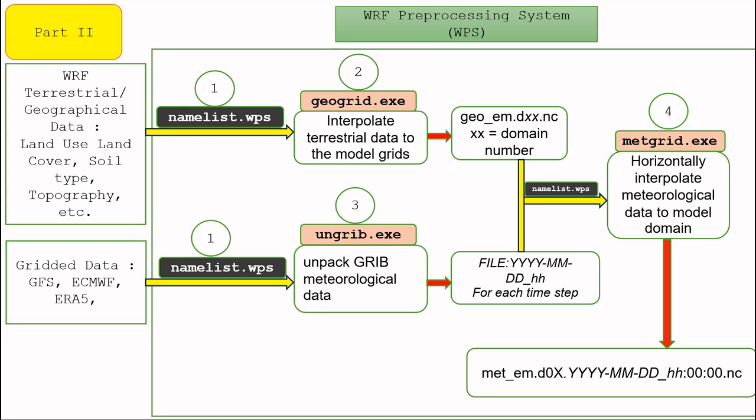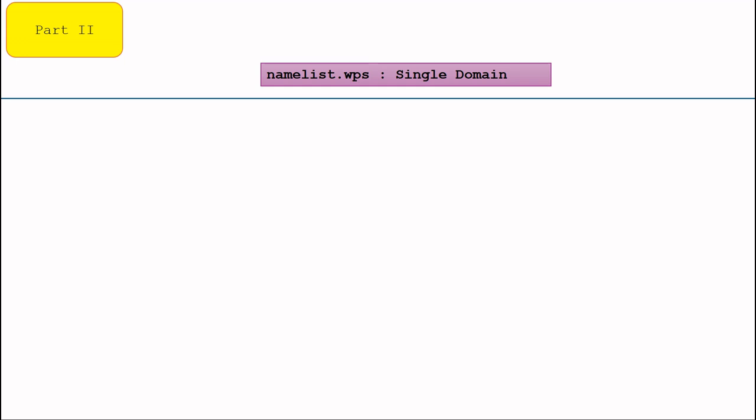Now, let's understand the structure of the namelist.wps file in detail for a single domain. It has 4 sections.